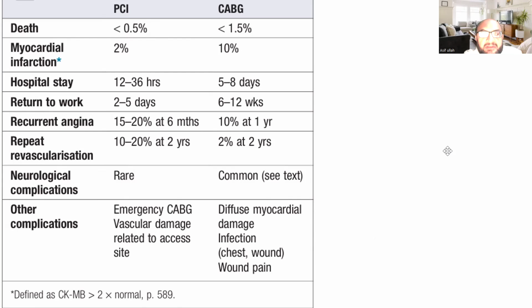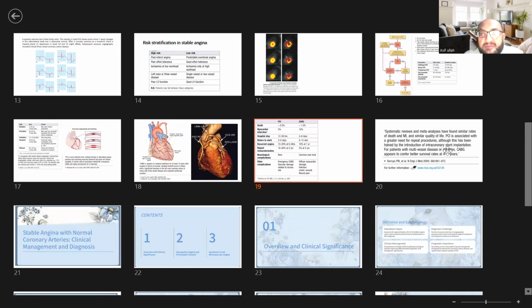Vascular damage is related to the access site, for example, if it is done from the femoral artery, the abdominal aorta may be damaged. From the radial spasm, radial injuries can occur. While in CABG, diffuse myocardial damage, infection, wound pain, etc. are the complications during CABG.